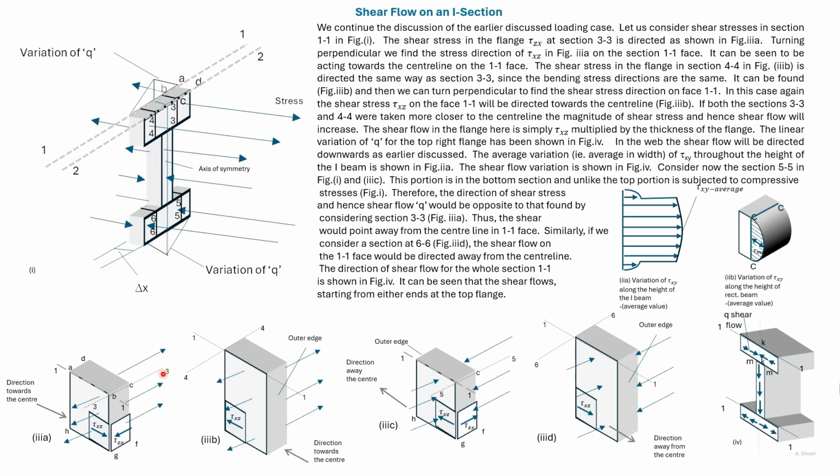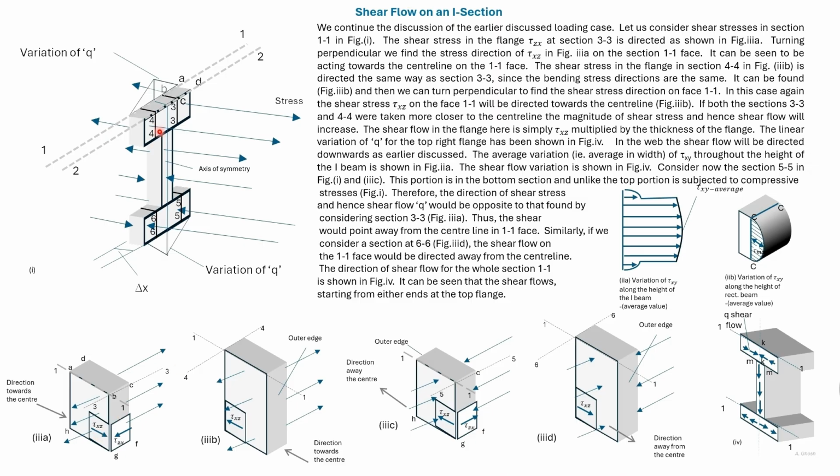So the shear stress tau zx in section 3-3 will be directed as shown. So tau xz and the corresponding shear flow on face 1-1 will be directed towards the center.